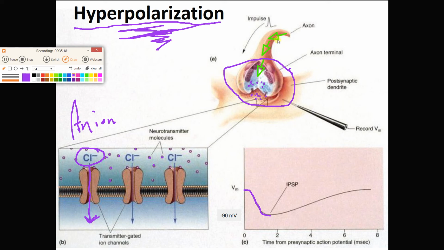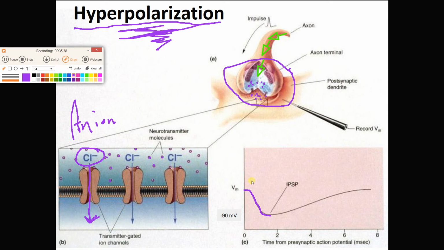So an electrical signal came down on this particular axon, which is releasing a different neurotransmitter. It diffuses across the synaptic cleft, binds these new receptors, which are chloride channels. When they open, chloride rushes through, and we hyperpolarize.